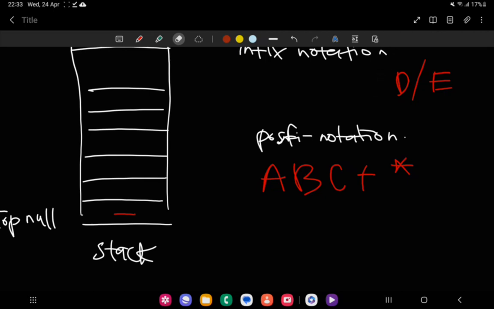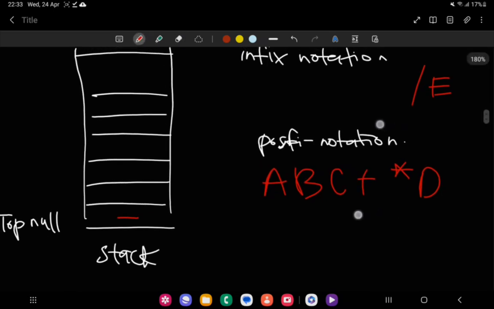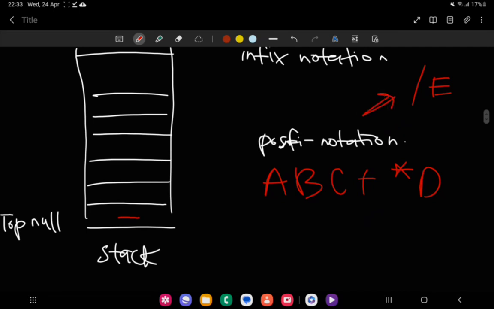Okay, so here. Then the next operand is D, so we know D just goes to the output. And then the last is E, and we know E just goes there, and then we close this.